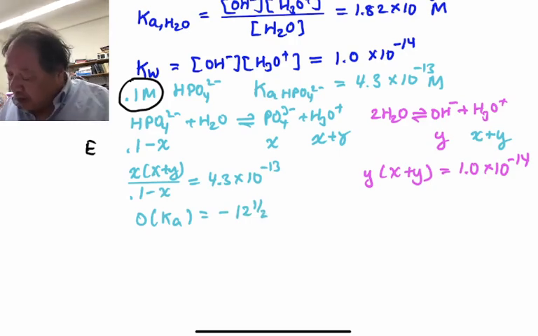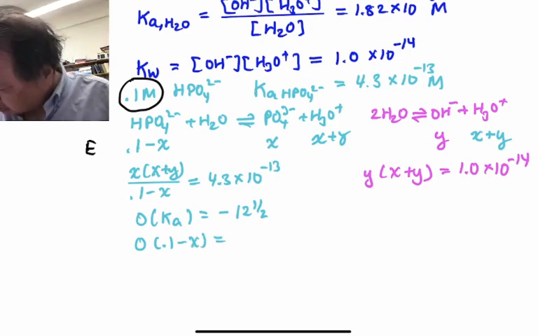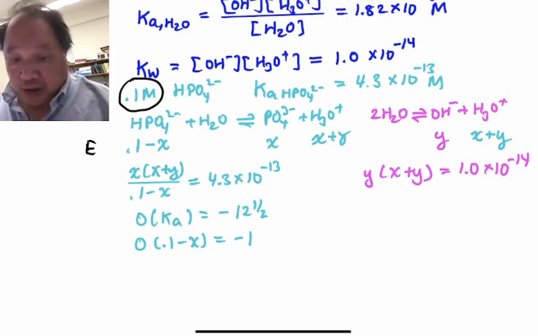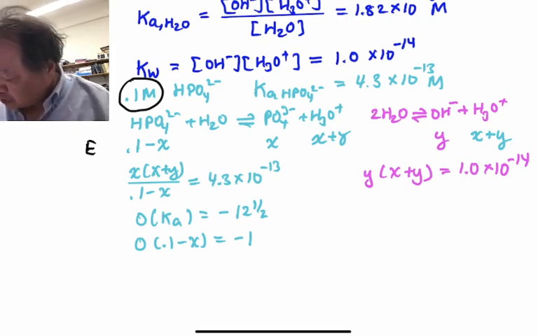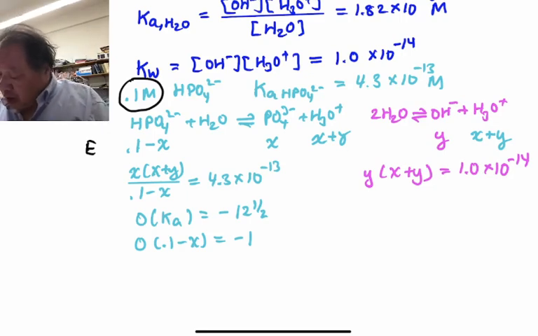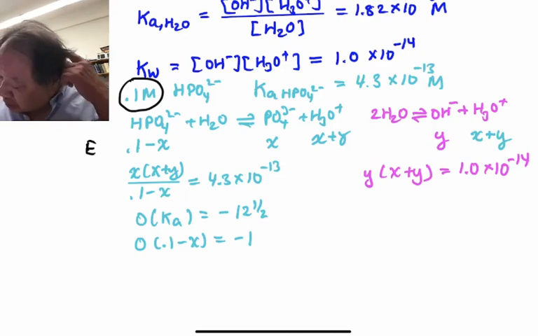And that's a very tiny number, so the order of magnitude of 0.1 minus X is going to be unchanged by the X, it's going to be minus 1. We can see that the HPO4 2- is stronger than the water, and so probably the more predominant of the two acids will be the HPO4 2-.